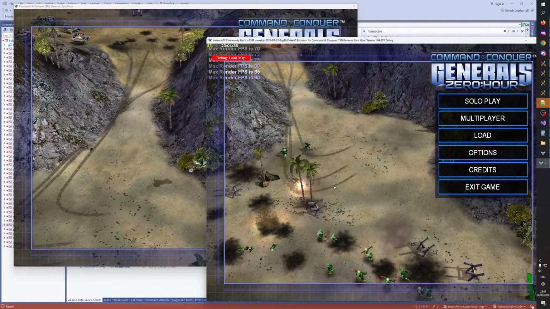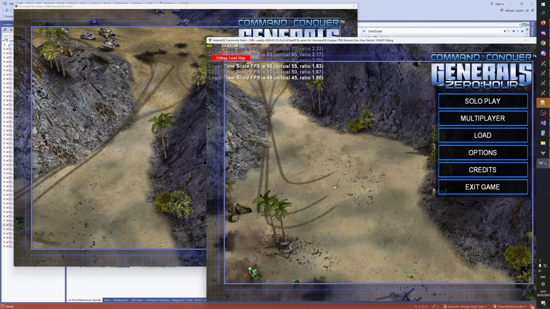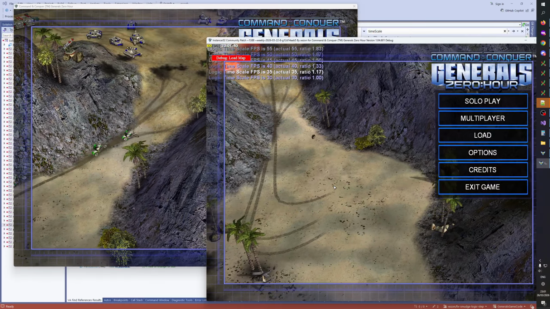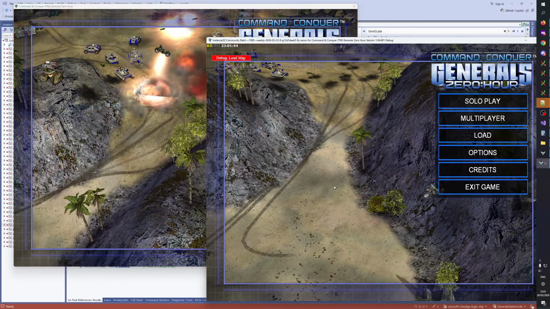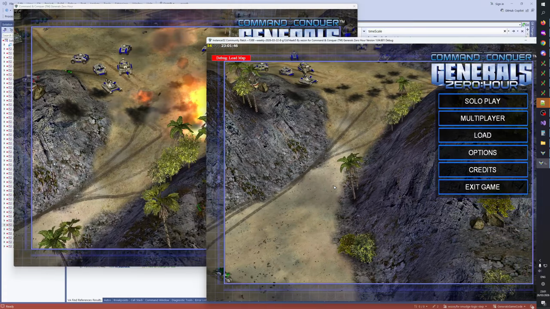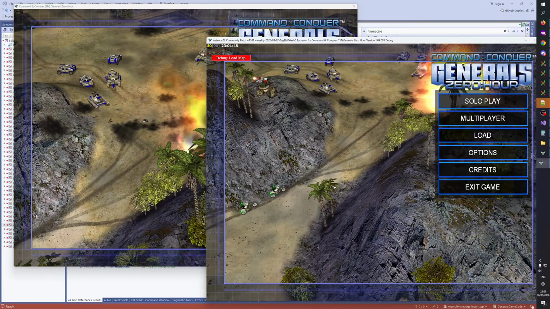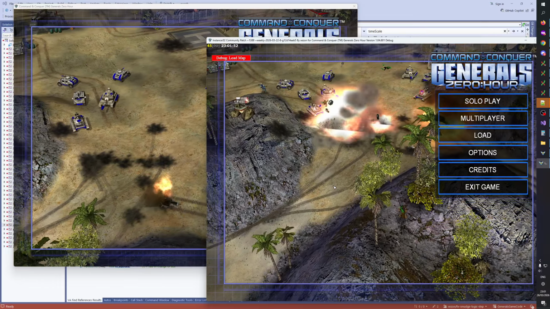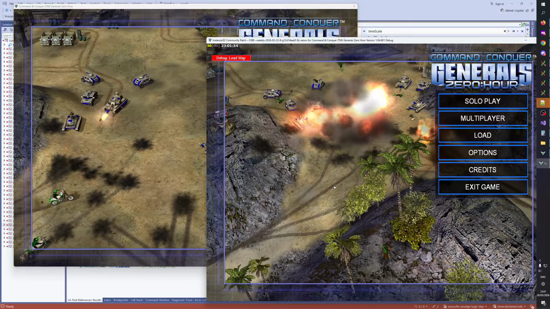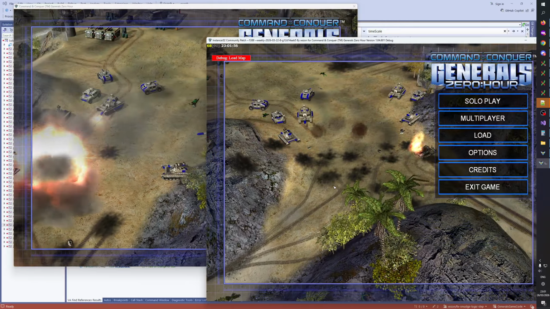Let's change it to 90. Okay. So it's around about the same. Okay. Let's see. Okay, explosions look similar, I would say.